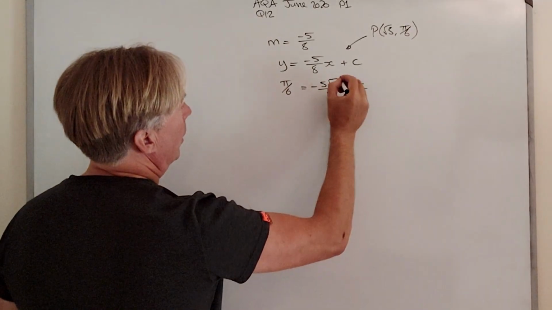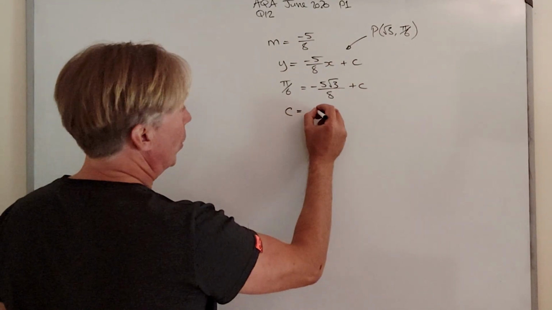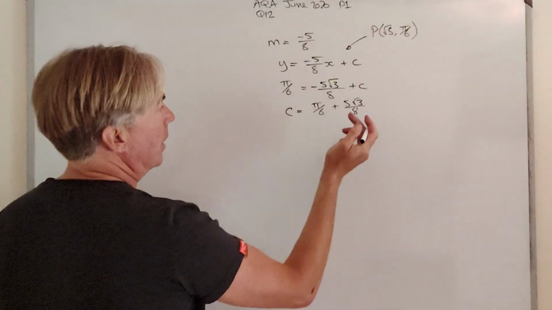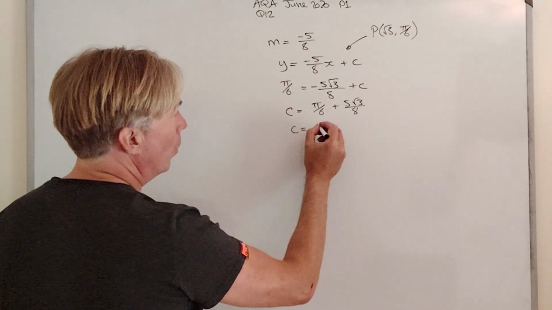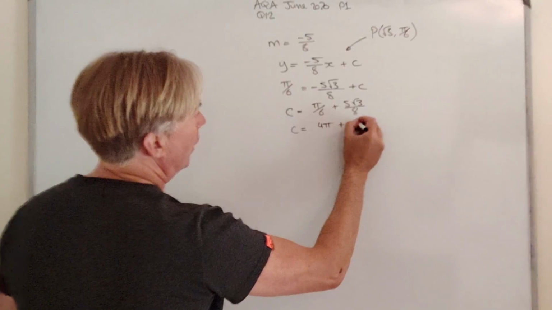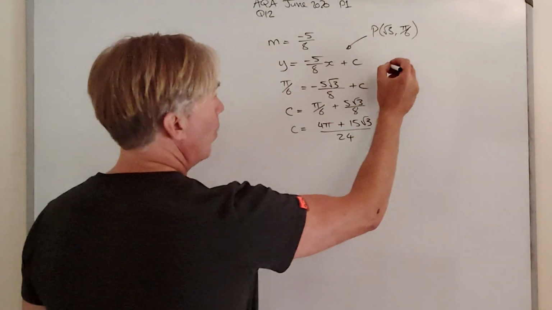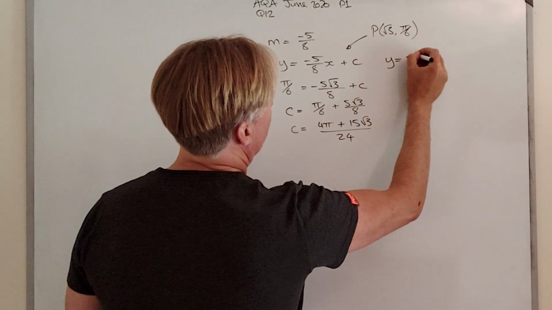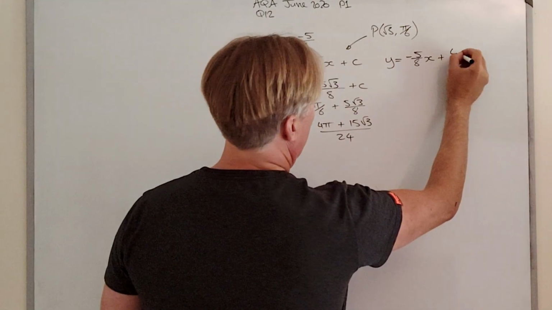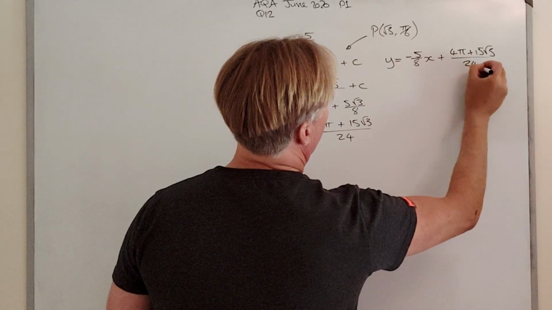Rearranging that, c is equal to π/6 plus 5√3 upon 8, and 6 and 8 both have a common multiple of 24, so that becomes 4π plus 15√3 on 24. So we now have our equation in its full form: y equals minus 5/8 x plus this rather odd looking intercept, 4π plus 15√3 all on 24.